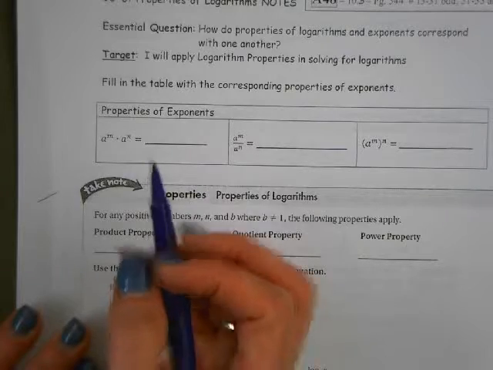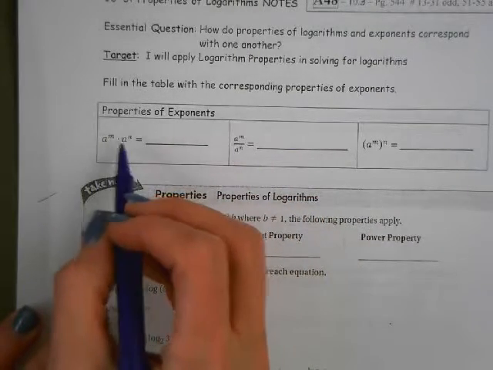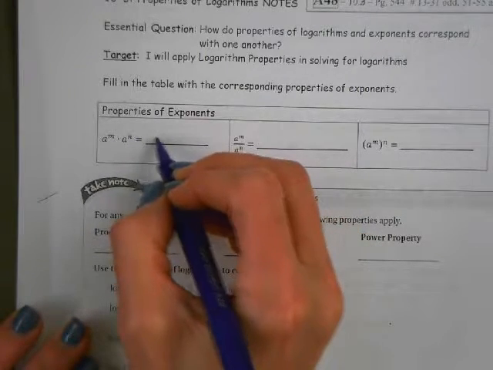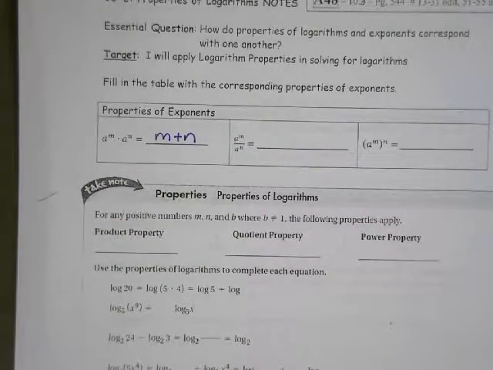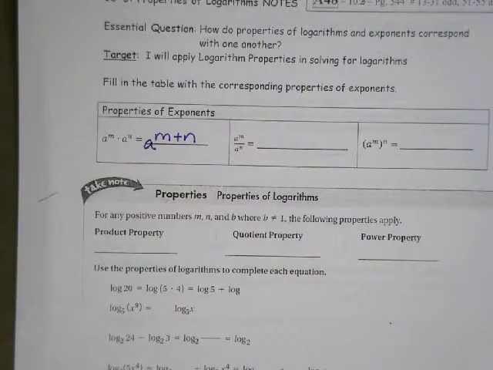You add them, right? So if I have a base a with an exponent of m, and I'm multiplying the base a to an n power, I can just say it's going to be a to the m plus n. The base stays there.